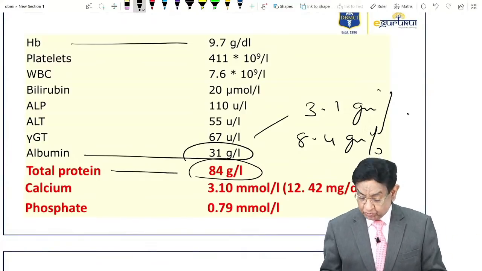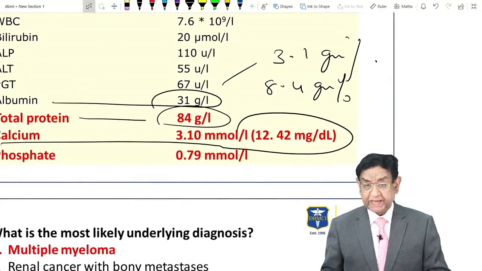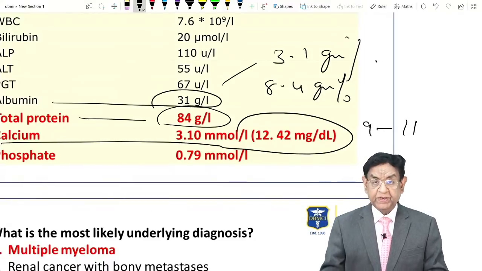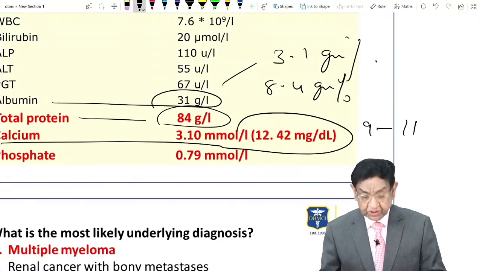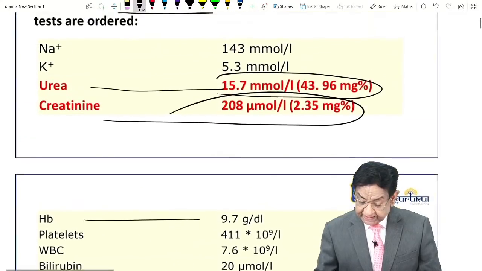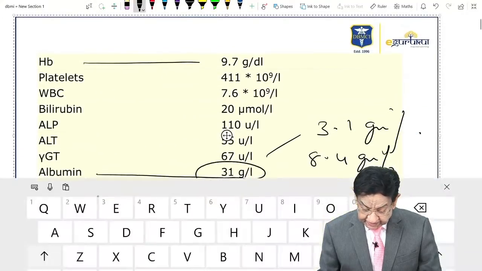Definitely it is much more. Calcium level is again raised, 12.42 milligram %. Normal is 9 to 11. Okay, it's raised. So what we are getting in a nutshell is a renal failure element. Yes, we are getting anemia.